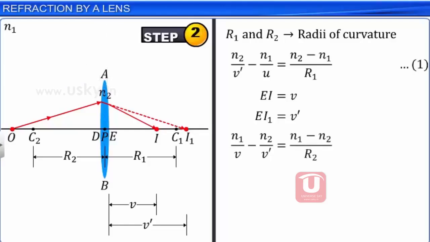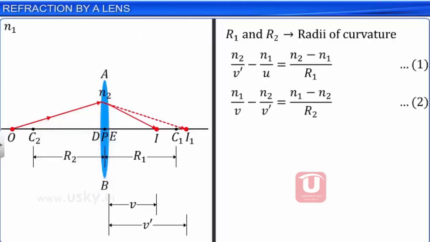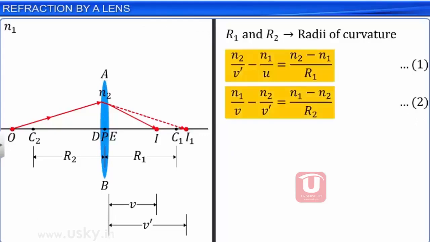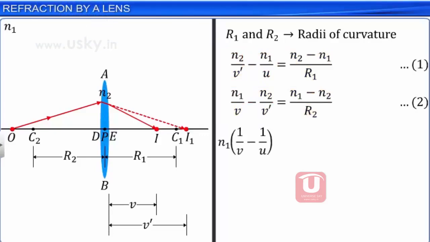Since n21 is the refractive index of the second medium with respect to the first medium and is equal to n2 by n1, we can write 1 by V minus 1 by U is equal to n21 minus 1 into 1 by R1 minus 1 by R2. Let this be equation 3.